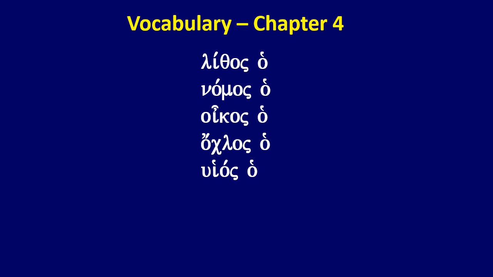Next is the word for son, huios, is how you pronounce it, ha huios. And this is the term that is used for Jesus Christ being the Son of God or Son of Man. And also there's a similar term you'll learn later, huiothesia, the term for a son, one who's received an adult sonship status.